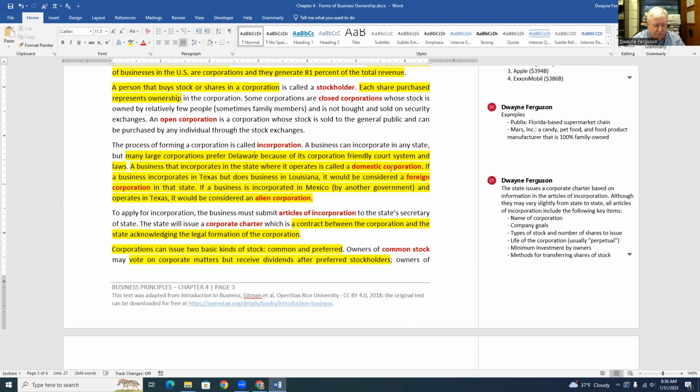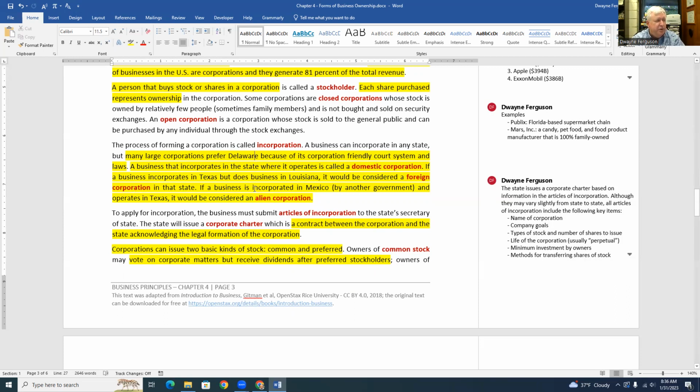But what if you incorporate in Texas and you go across the line and operate in Louisiana? That's called a foreign corporation. It's not foreign like another country, but you're foreign to that state.